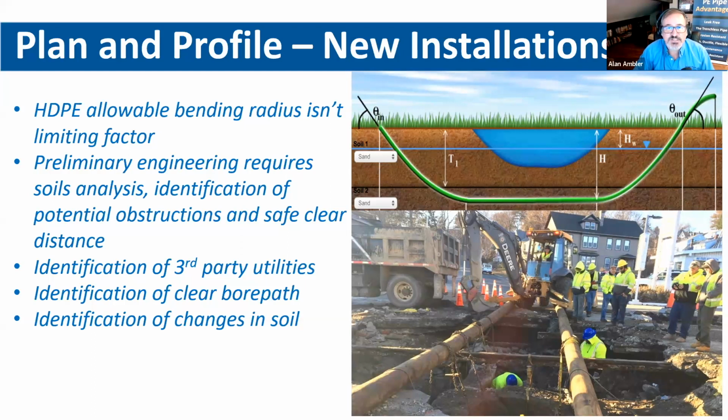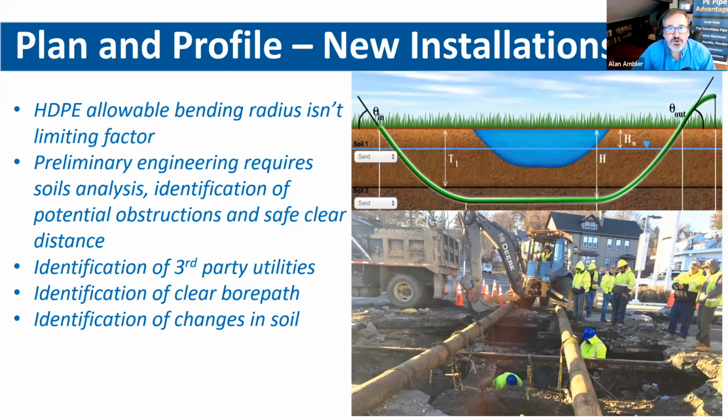Not so for new installations, in which case contractually we're obligated to investigate the A to B path, whatever that might be, of that new installation. We're going to look at soils, and we're going to look at third-party utility conflicts to be free and clear of, a clear bore path, to make sure whatever obstruction we're going over or under is clear, from what we're actually doing with the project itself, and soil changes.